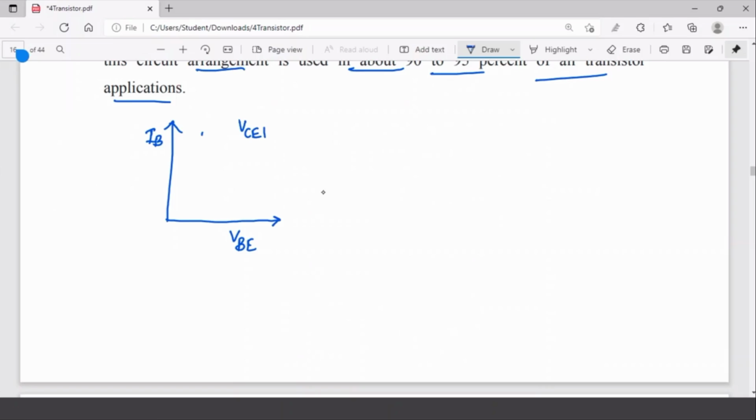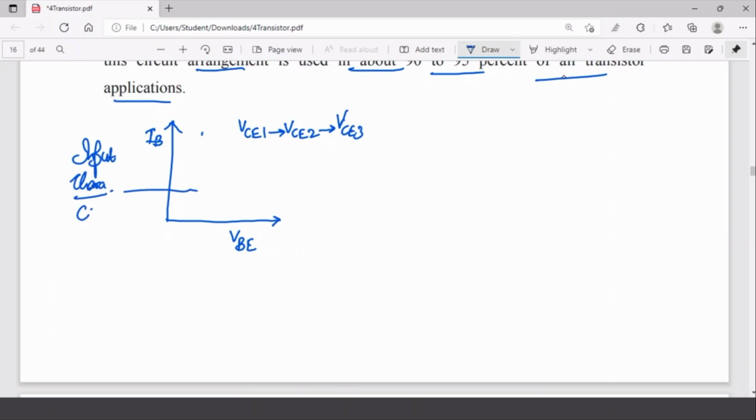Similarly, after that, we'll change the value of VCE1 to VCE2, collector to emitter voltage, and then we'll plot another graph, another variation between IB and VBE. Similarly, we'll change it to VCE3 and so on. So this variation between IB and VBE for a given value of VCE, collector to emitter voltage, this graph is actually known as the input characteristics.